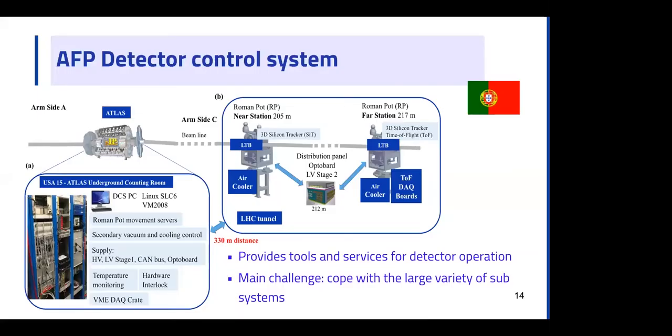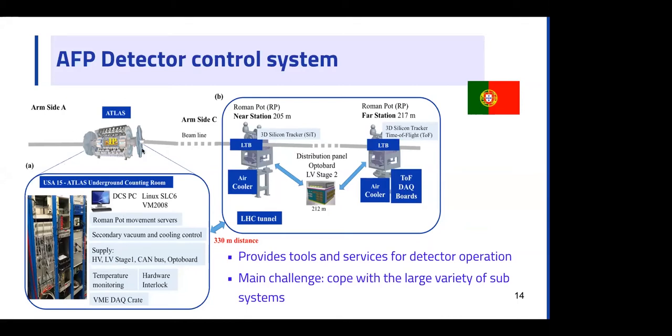The detector control system of the AFP detectors is another of the Portuguese contributions. We are currently co-leading the group and have responsibilities in the Roman pot movement and vacuum and cooling controls. This system is characterized by a very large variety of subsystems that have to be controlled.